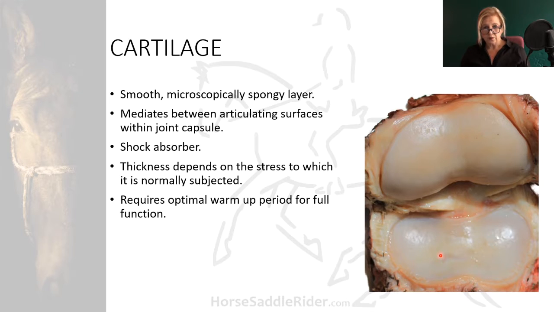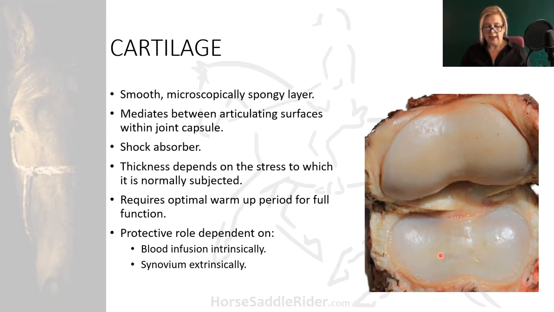It requires an optimal warm-up time prior to becoming fully functioning in a protective role, intrinsically when infused with blood, and extrinsically when infused with synovial joint fluid, which is an oil-like substance. And this image shows the smooth, glassy, cartilaginous surface between the long and the short pastern bones, the concave surface meeting the convex surface.